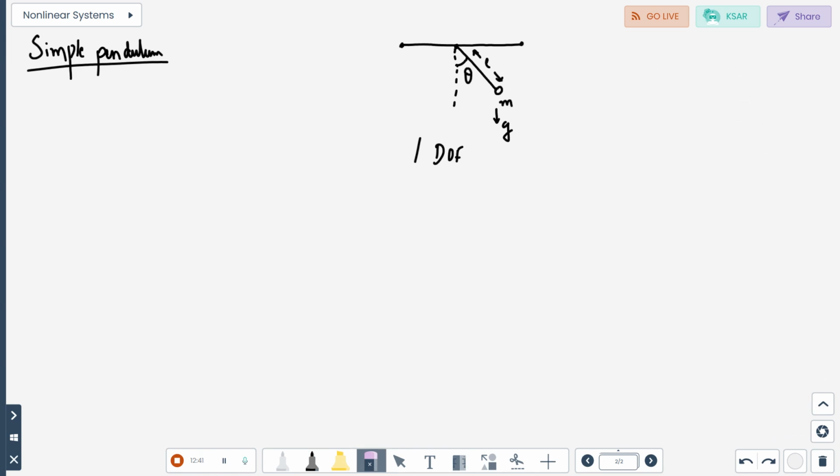So you can have different pendulums. You can have an inverted pendulum, a rotary pendulum, a Furuta pendulum, depending upon different degrees of freedom, and in what plane of rotation the mass m is moving.